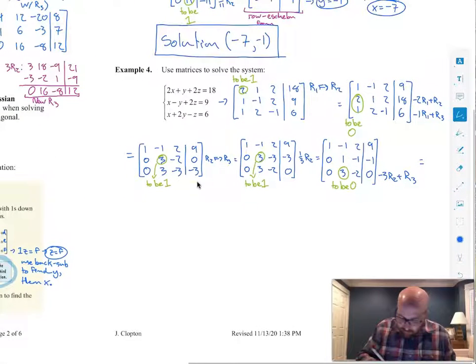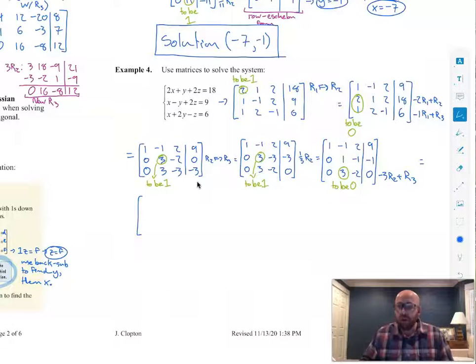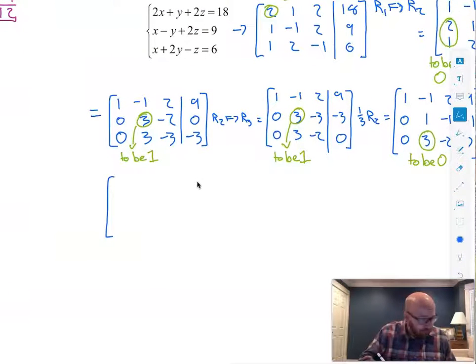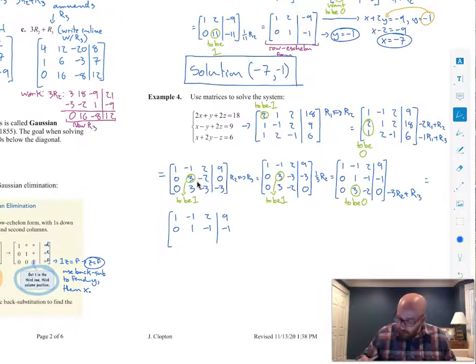That's going to give us the new matrix. Row 1 and row 2 do not change. We still have 1, negative 1, 2, 9, 0, 1, negative 1, negative 1. Now let's go through and do this mentally.